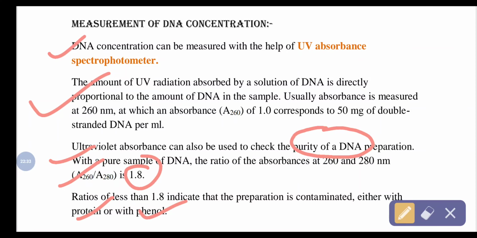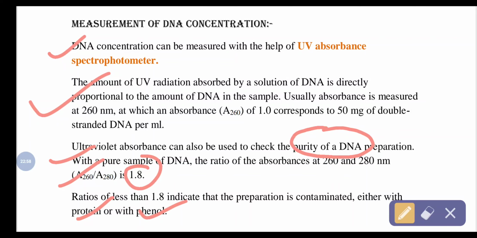You should understand this: whenever you measure the amount of DNA, the first thing you do is take the absorbance at 260 nanometers. An absorbance of 1 corresponds to 50 mg of your double stranded DNA per ml of the sample.